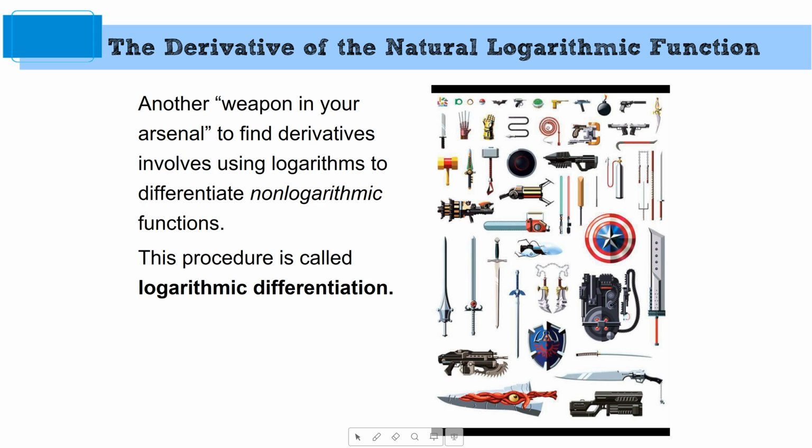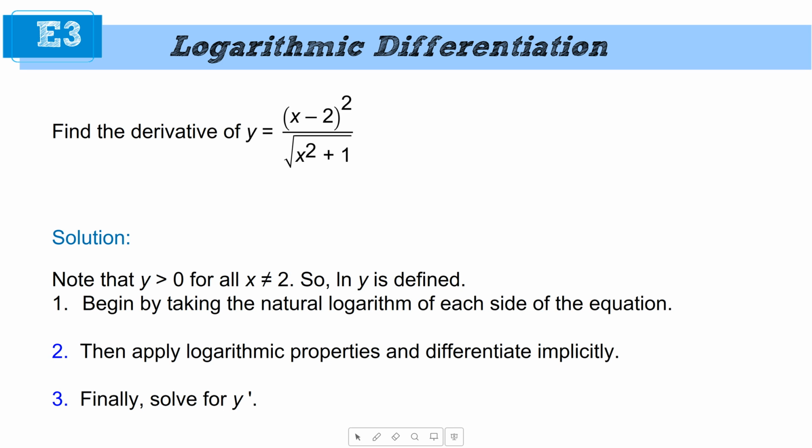However, we do have another thing that I want to show you today that will hopefully make your life a little bit easier, and it's called logarithmic differentiation. Okay? So, here's an example. Now, if you just look at that function for a second, you all have the skills to take the derivative of that function.